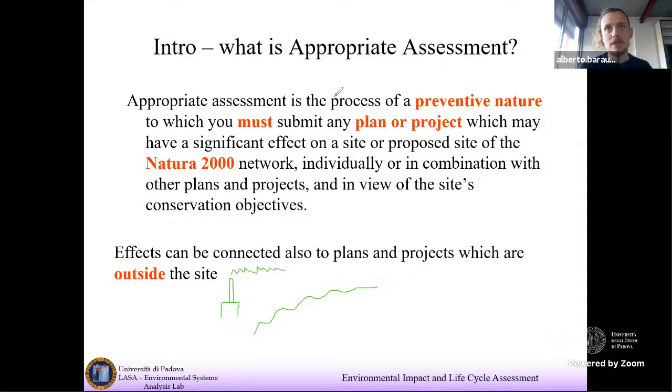This river is part of the Natura 2000 network. The factory is sited outside the Natura 2000 network of protected areas. Nevertheless, the smoke is falling on the river. So even if the factory is outside the Natura 2000 site, it can have an effect on the site. So the construction or the expansion of the factory must be submitted to an appropriate assessment according to European and Italian legislation.